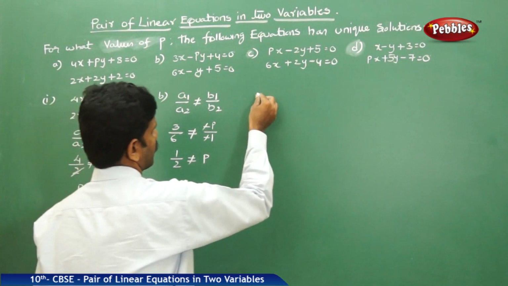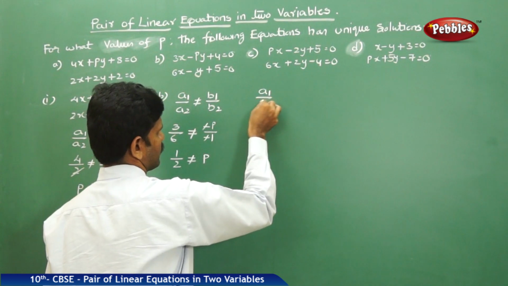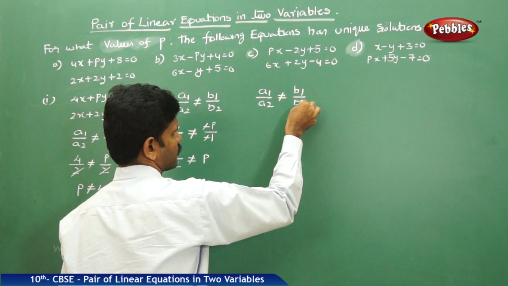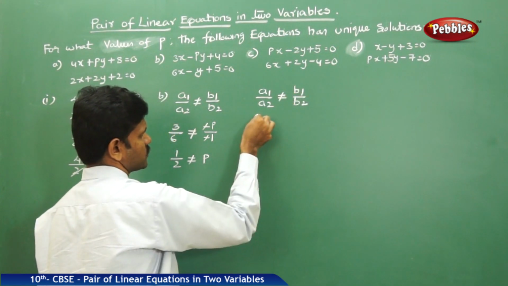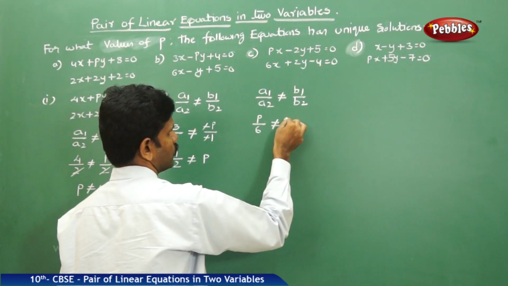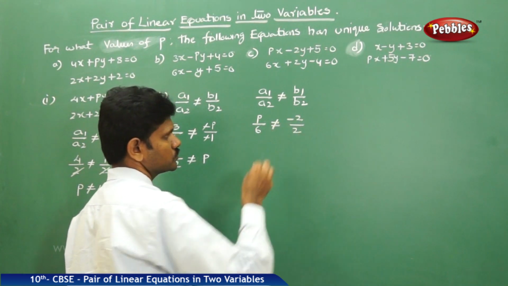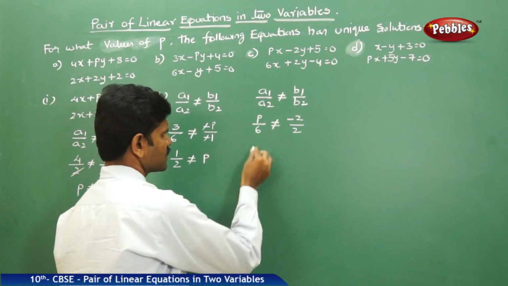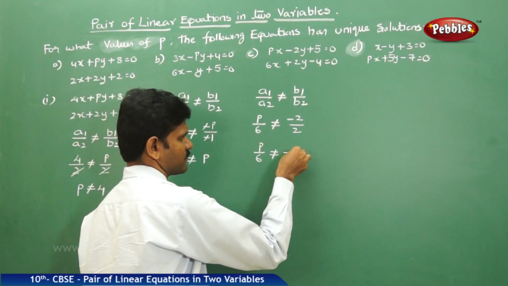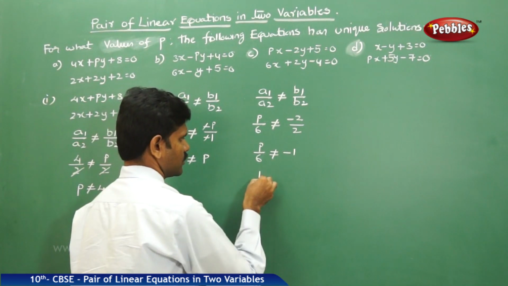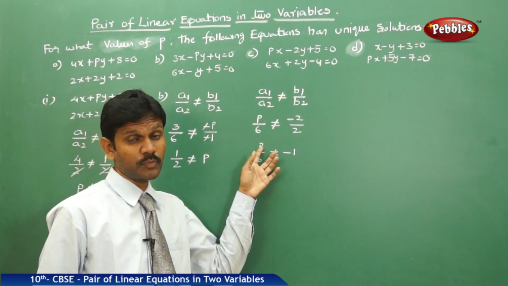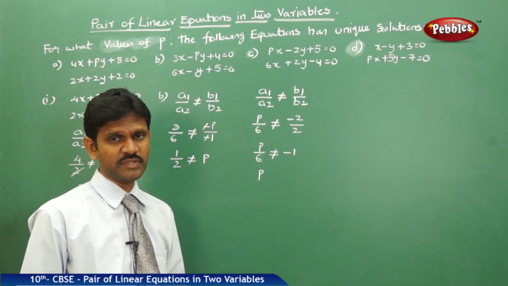Now come to the c. Again a1 by a2 is not equal to b1 by b2. Substitute the values. p by 6 is not equal to minus 2 by 2. That is, p by 6 is not equal to minus 1. To find the value of p, p must be alone, that means you have to convert p into the subject.